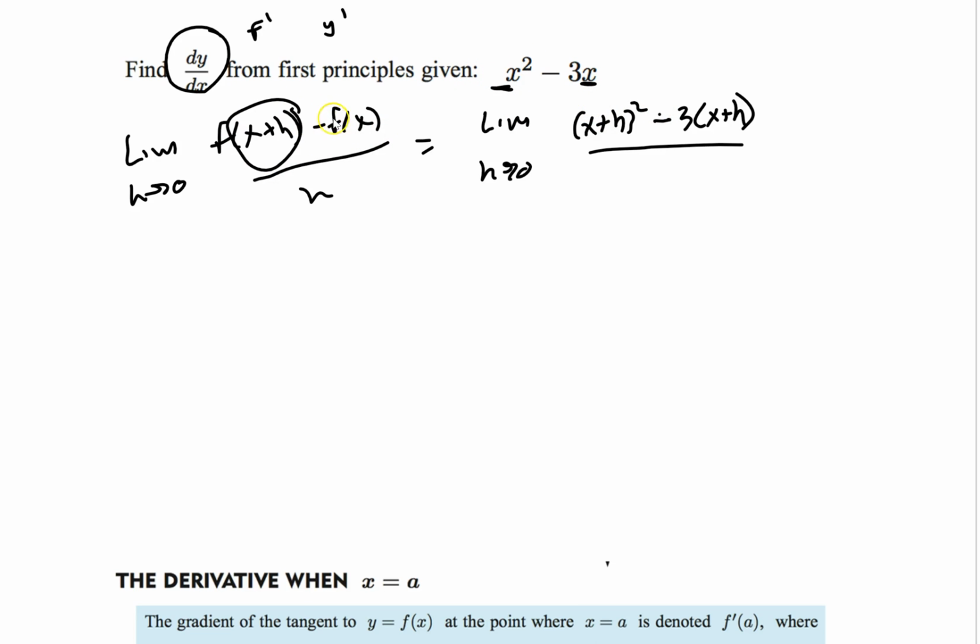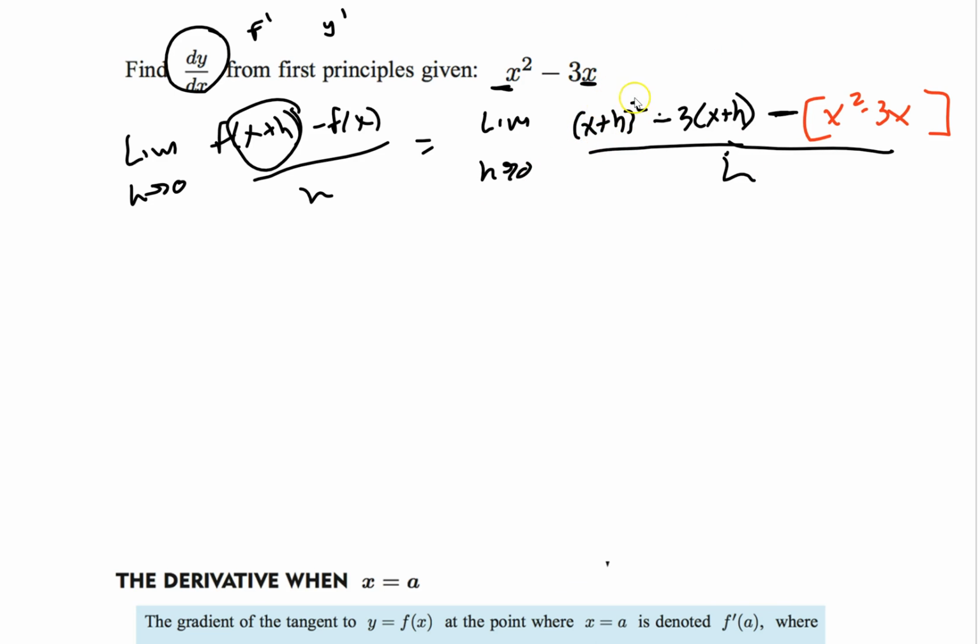And now I gotta use the formula: minus f of x. Now remember, we talked about we're gonna use parentheses. What's f of x? F of x is just this function right there, so x squared minus 3x. Right, parentheses, all over h.